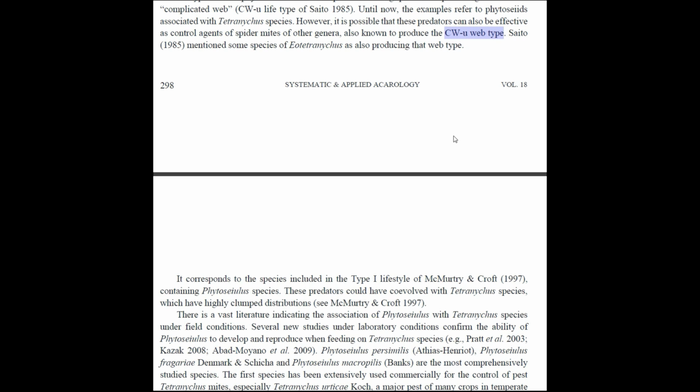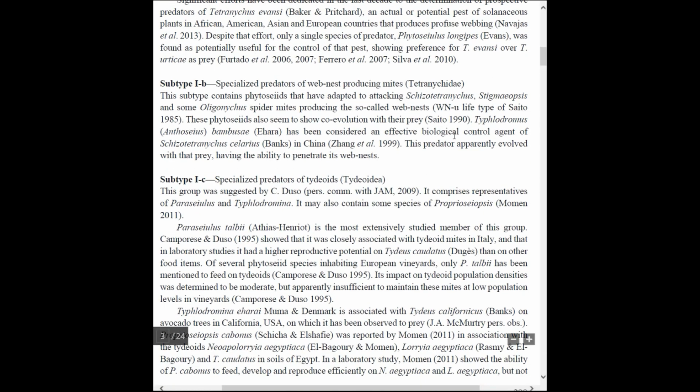They don't go over a lot of this information, and I'm not going to go over a lot of that information, but there are reports out there, and if you ask me, I'll help you find them regarding this sort of web type morphology. It's actually kind of interesting and nuanced. Moving on, we've got subtype 1B, specialized predators of web nest producing mites, Tetranychidae. So instead of just Tetranychus, we have just web nest producing mites.